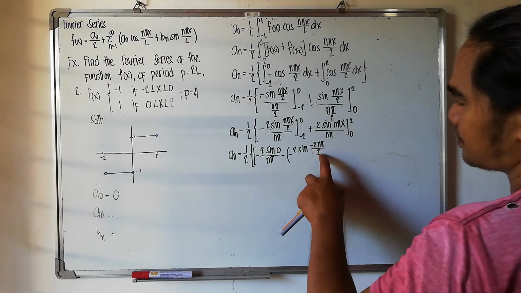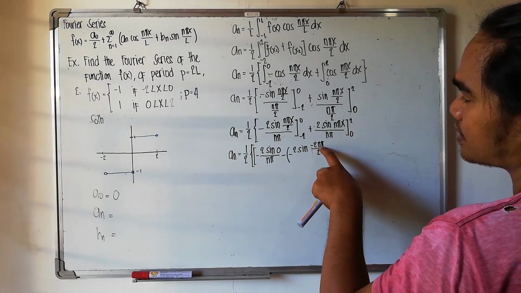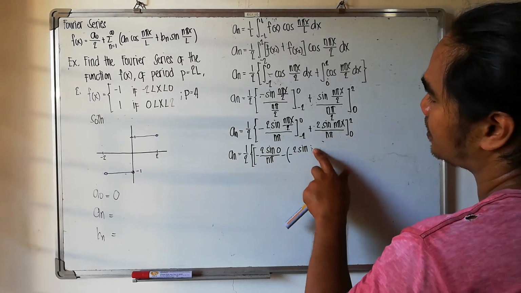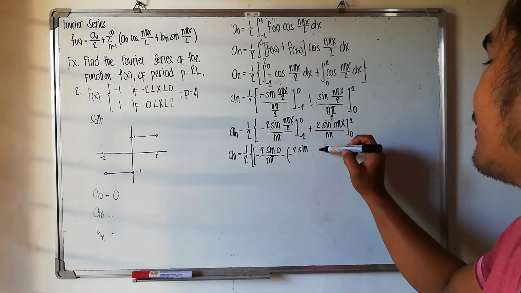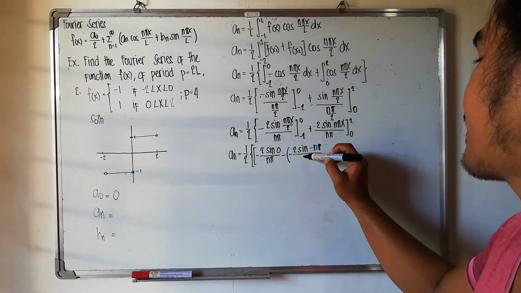But negative 2 divided by 2 would be negative 1. Negative 1 times n pi, so this would be negative n pi over n pi.